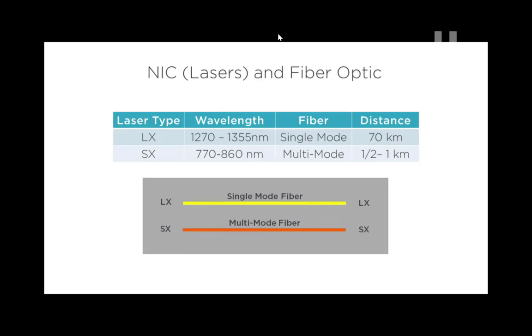If you have a distance, let's suppose, greater than 1 kilometer and less than 70 kilometers, you always use single mode fiber. On the other hand, if your distance is less than a kilometer, for example half to 1 kilometer, you always use multi-mode fiber. We denote single mode fiber with the letters LX, and with multi-mode we use the letters SX.